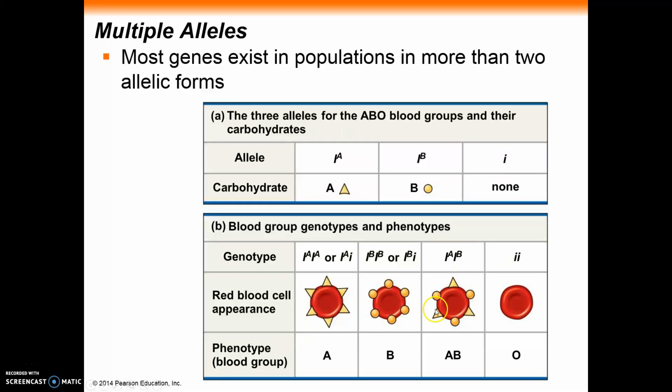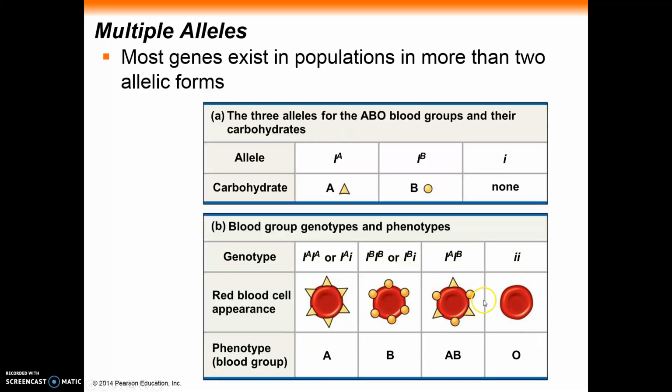If you are type AB blood, you can actually receive blood from anybody. So here you can receive A because you don't see that as foreign. You can receive B because you don't see that as foreign. You can receive O because you don't see that as foreign. So if you're on the injury end, AB is your best case scenario because you can get blood from anybody.